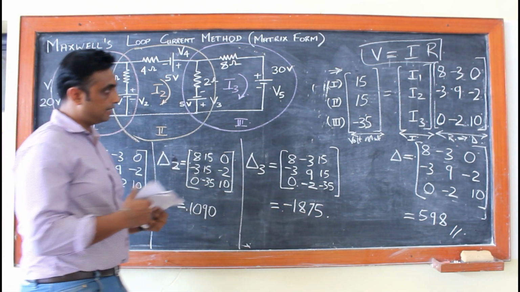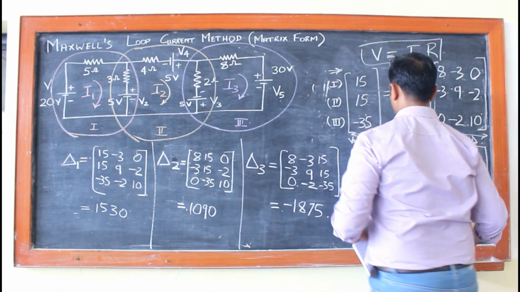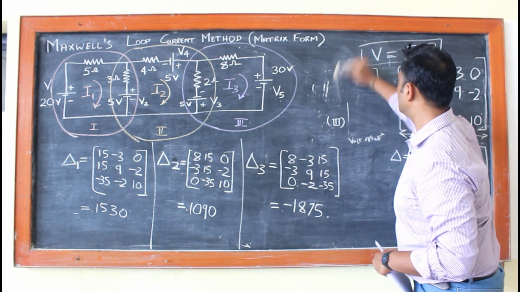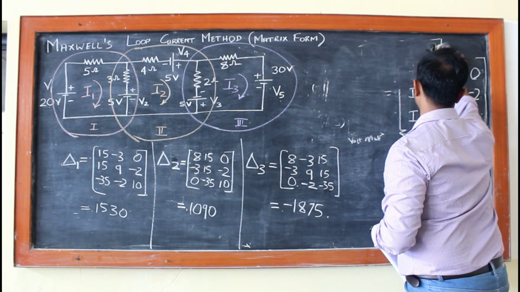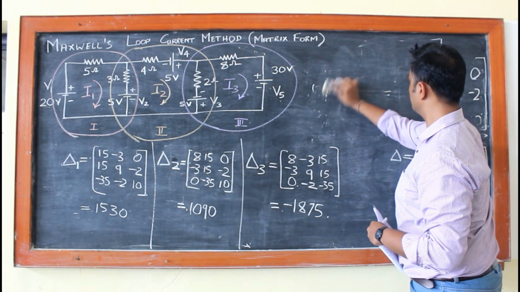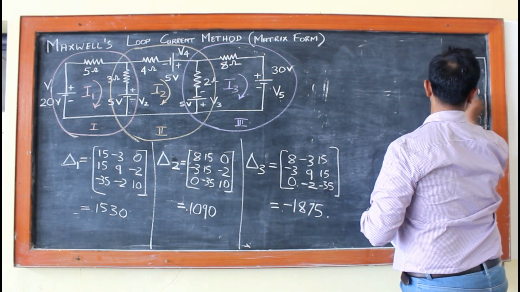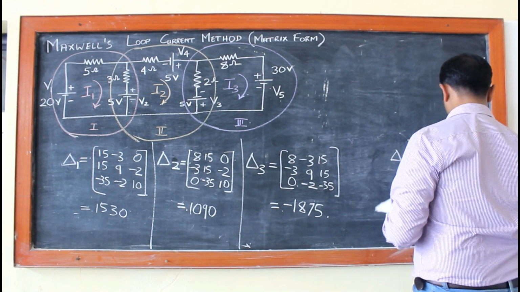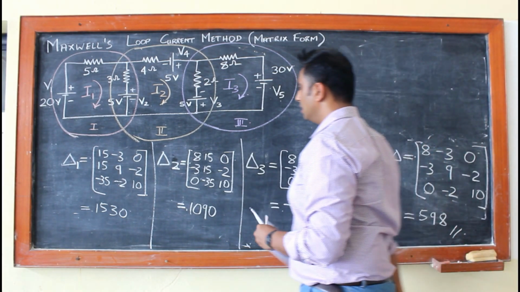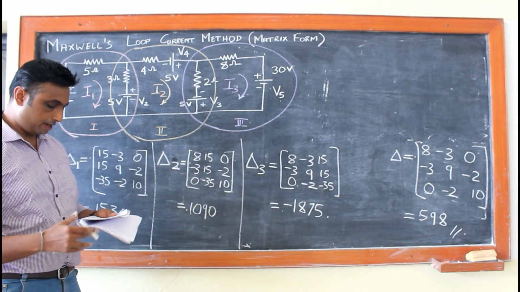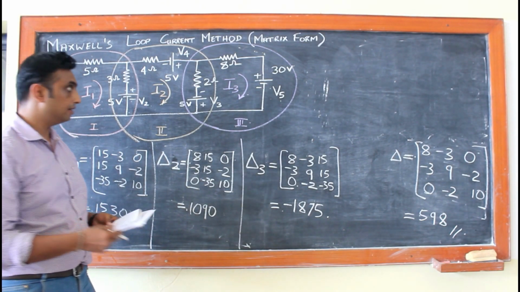Now taking it ahead, since I already have these values, I'll rub this main matrix equation, and I can add in a simple formula which will give me the value of I1, I2 and I3.